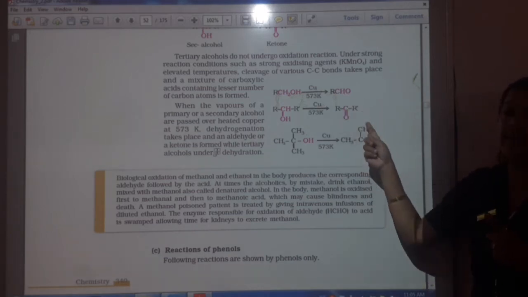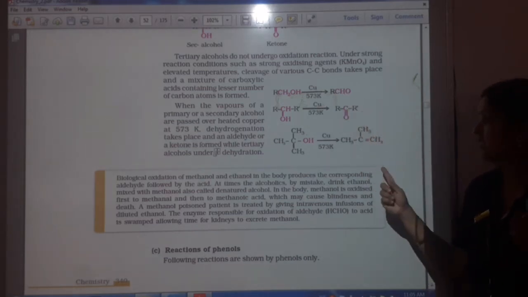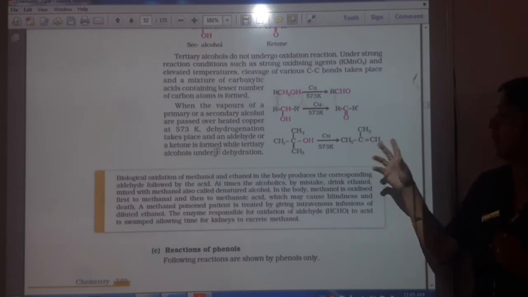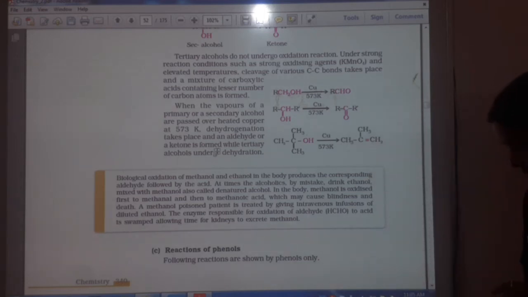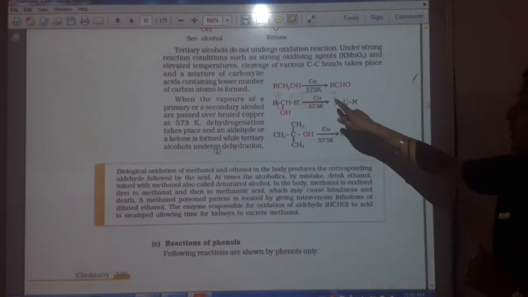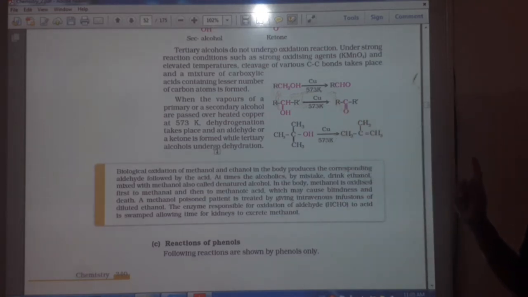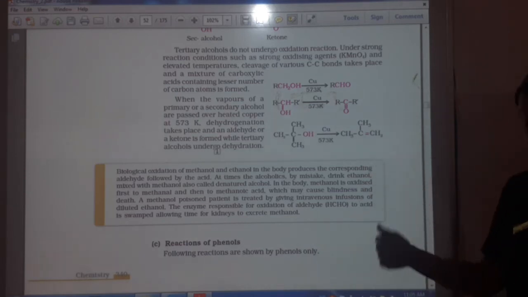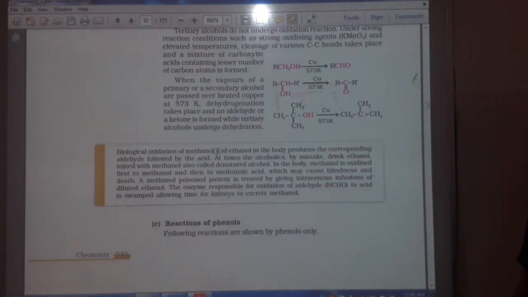You don't get an aldehyde, ketone or acid. Instead, you get a double bonded compound which is an alkene. So this is called dehydration. Dehydration in presence of copper at 573 Kelvin. Dehydrogenation actually takes place with the removal of hydrogen molecule.